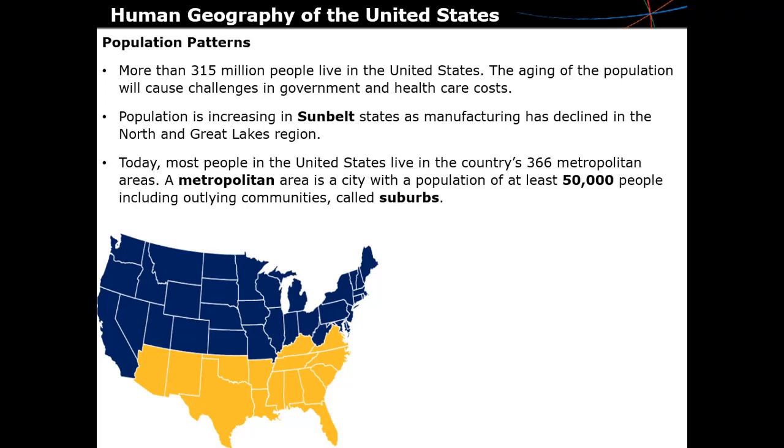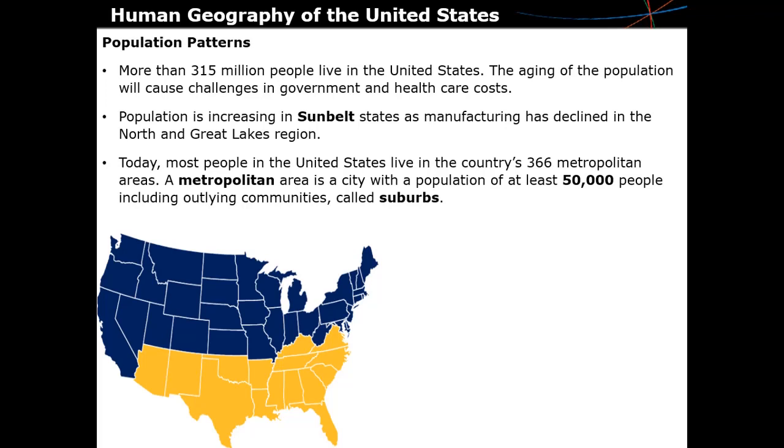Most of the people in the United States live in a metropolitan area. We have about 366 metropolitan areas in the United States. A metropolitan area is a city with a population of at least 50,000 people, and that includes outlying communities called suburbs.